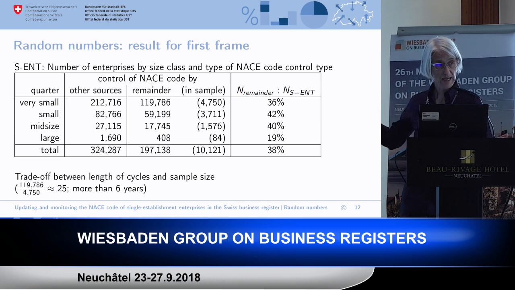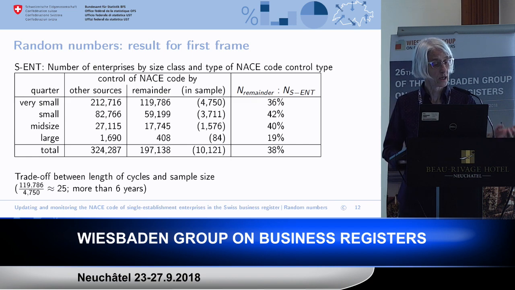And in the right part, the remainder part, we have nearly 200,000 enterprises where we do the control by sample survey. We can see, for example, that we have 408 large enterprises in this first frame. And we have a total of 10,121 enterprises in this first sample. It cannot be exactly the 10,000 because we have a Poisson sampling.